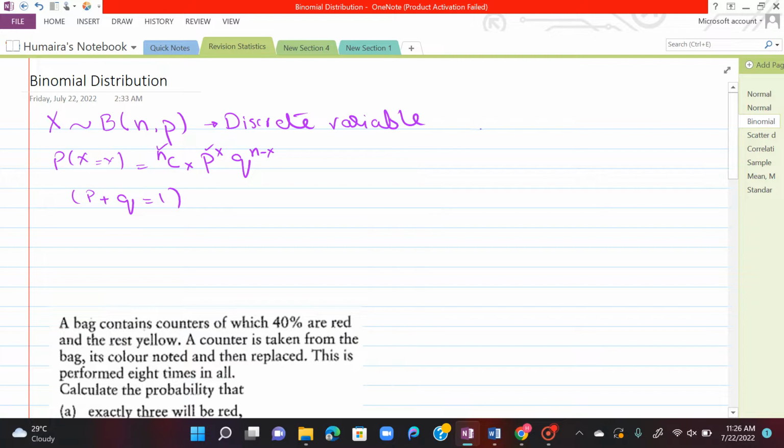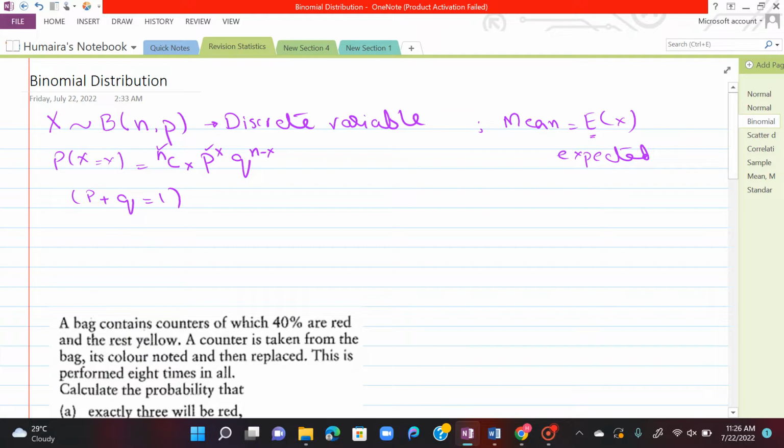So this is basically the formula for the binomial. The other thing you need to know is, if the variables follow a binomial distribution, how can you find its mean, which is written as the expected value of x. If you read the word expected, that means we are asking about the mean.